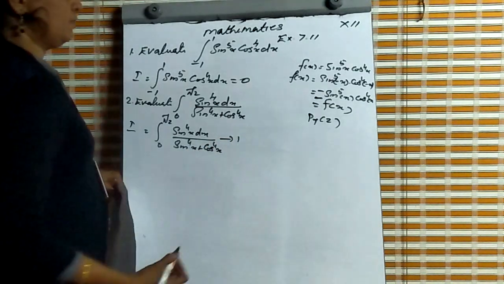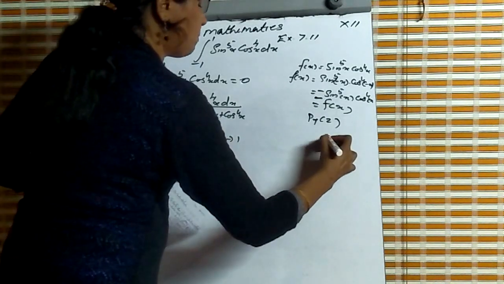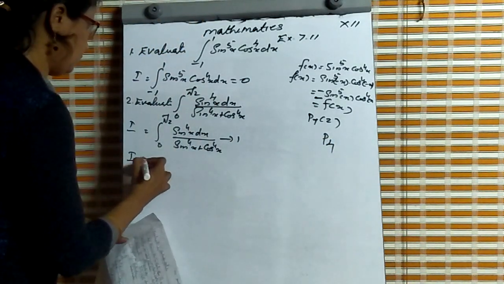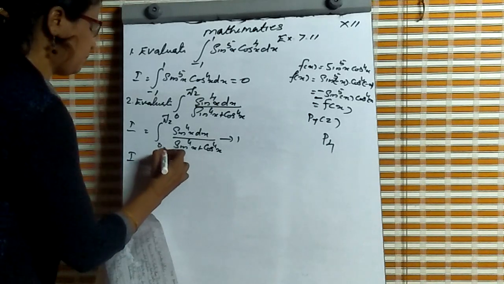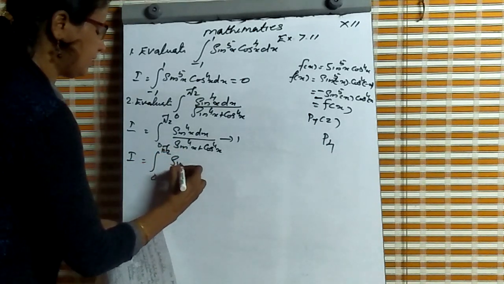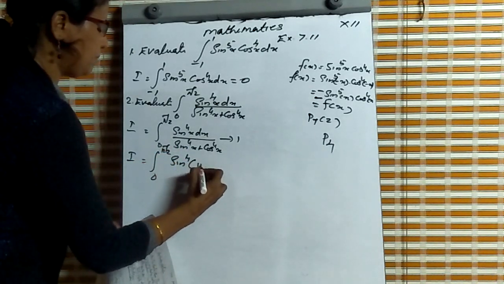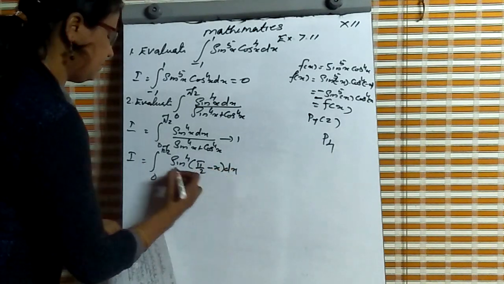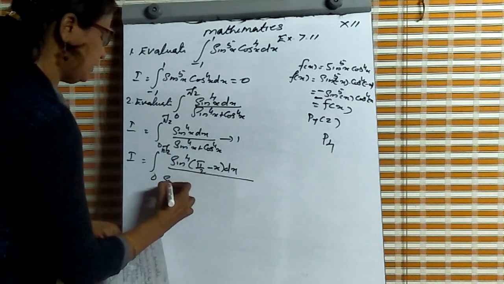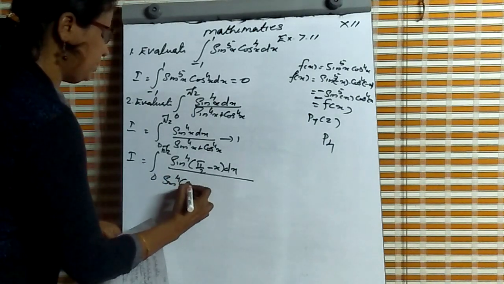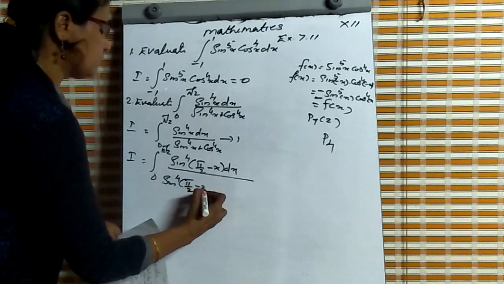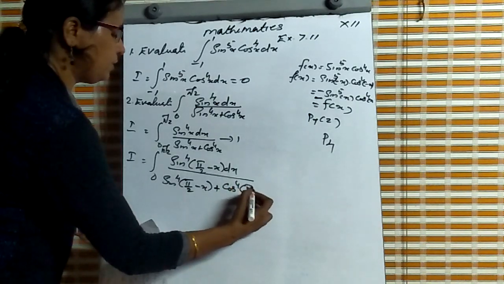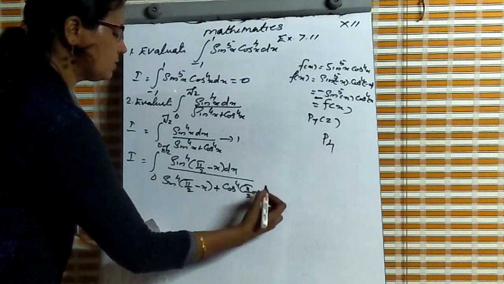This is equation 1. By using property 4, I is equal to the integral from 0 to pi by 2 of sin^4(pi by 2 minus x) dx divided by sin^4(pi by 2 minus x) plus cos^4(pi by 2 minus x).